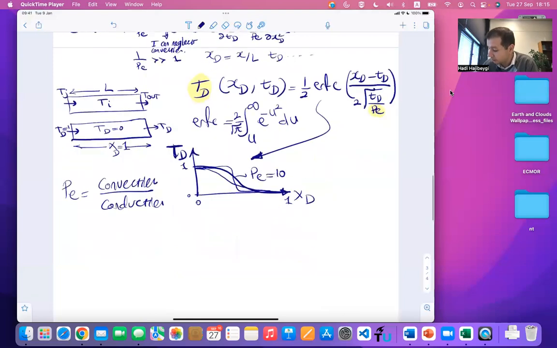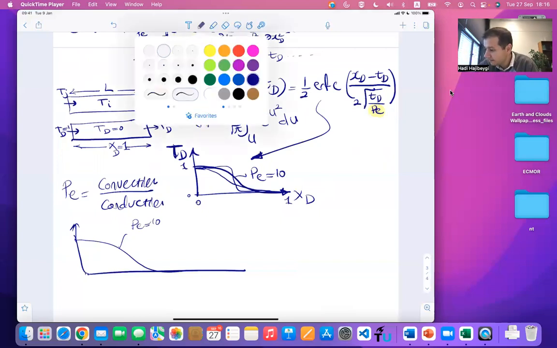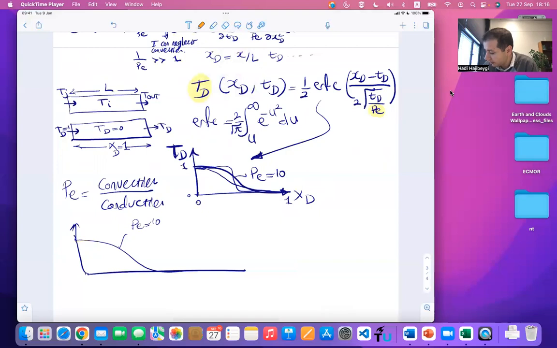So if you have a profile of, for example, Peclet number 10, and you make it Peclet number 100, convection is stronger, so it will look more like convective heat flux than conduction. So it will look sharper. That will be the Peclet number, let's say 100, typically.